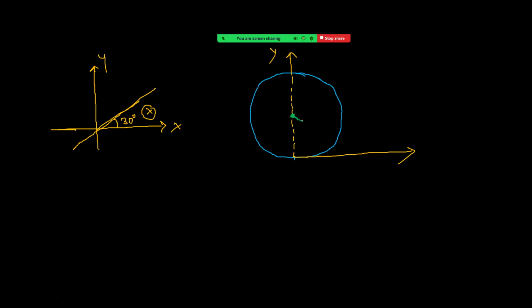Let us draw one line here from center to a point on circumference. Let us draw now this bottommost point and this line. Okay, this point. Then see what we get here.